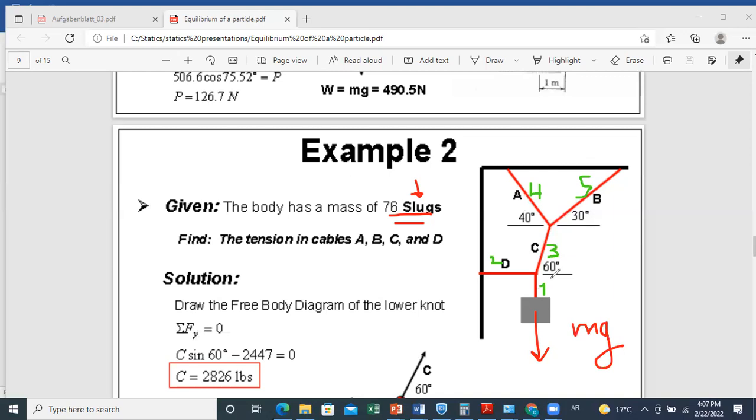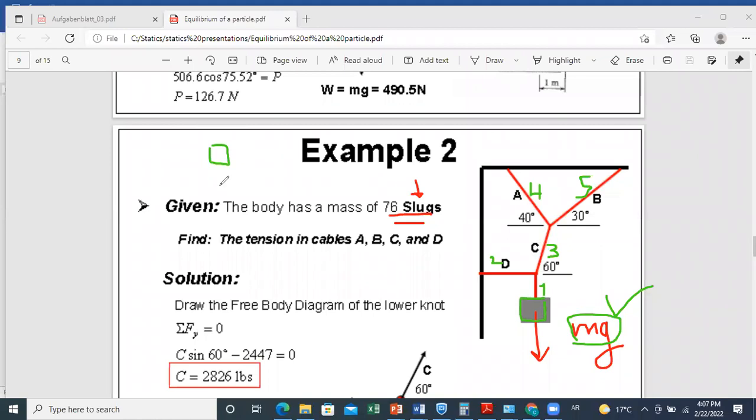And I want to calculate the tension in all of these cables. If I just look at my figure, I know information about the weight. So this is what I know. This is why I can start from the block, okay? If my block is in equilibrium, if I draw the free body diagram of my block, what are the forces acting on it?